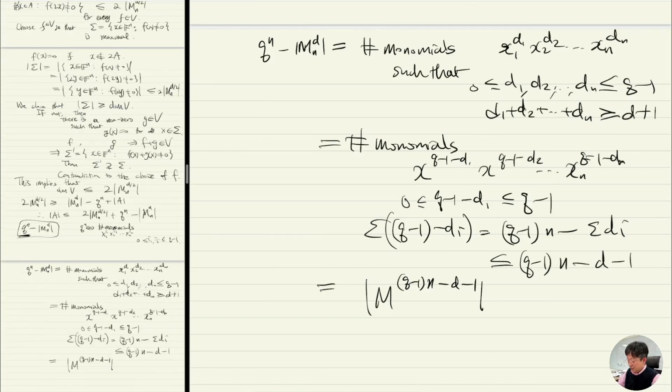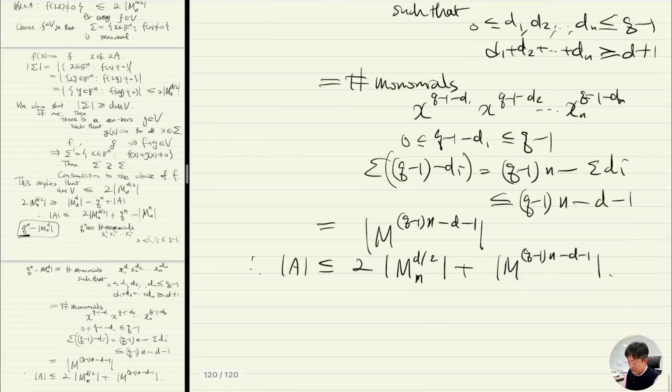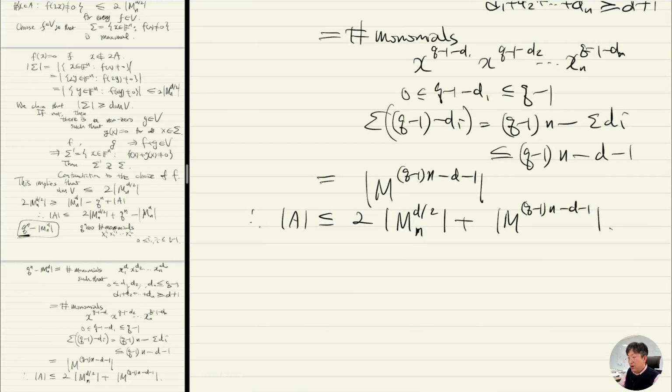Now, what do we get? This implies that the size of A is less than or equal to twice m_d over 2 plus m of q minus 1 times n minus d minus 1. Now, what will be the best thing? How are we going to choose d? Let's choose d so that d over 2 is equal to q minus 1 times n minus d minus 1.